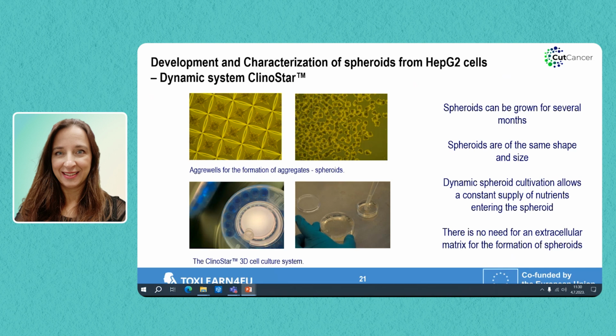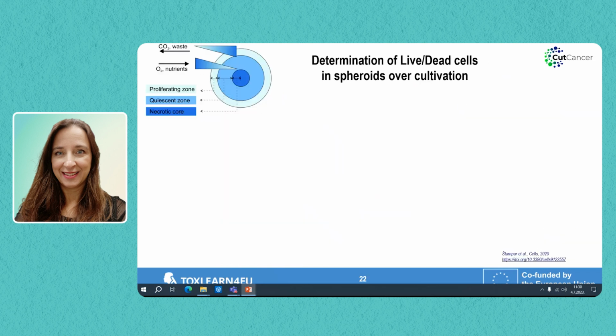Particularly, what we don't need is to add extracellular matrix. I mentioned that in static conditions we have to add methylcellulose for sticking the cells together, but here this is not needed.